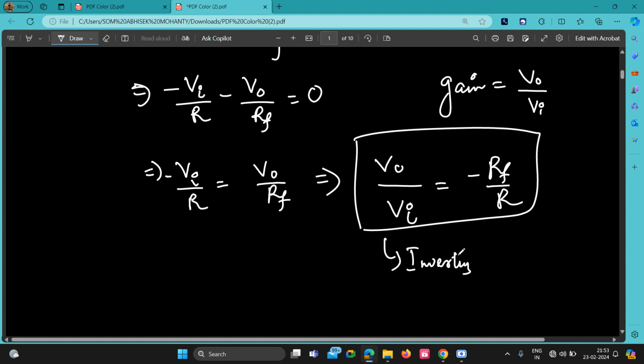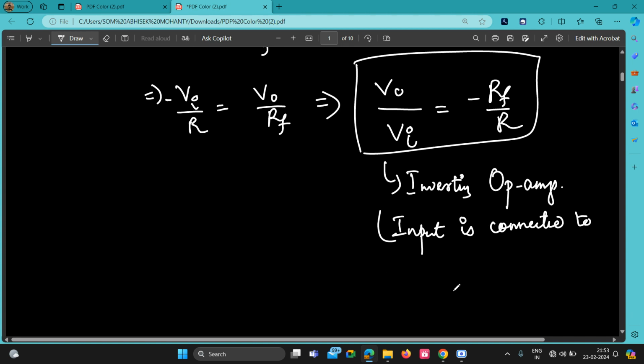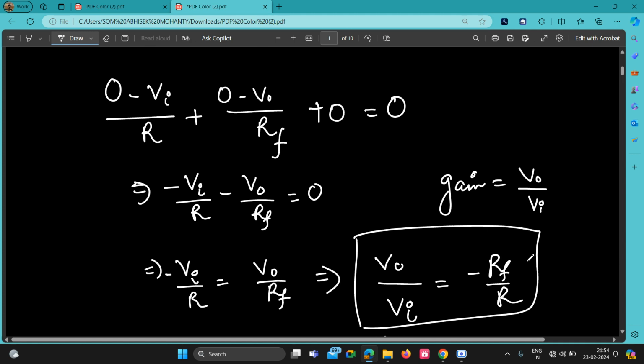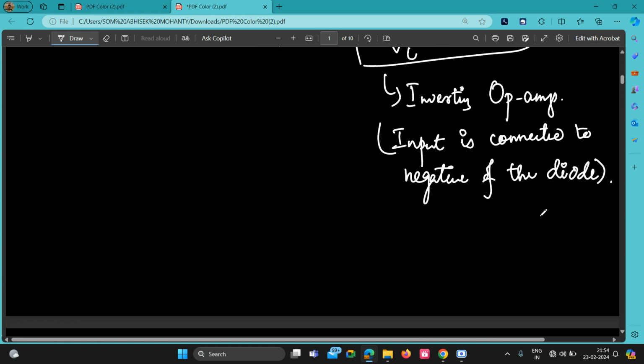That means inverting means the input is connected to the negative terminal of the op amp. So this is an inverting op amp. Next is the non-inverting op amp, which means the input will be connected to the positive terminal.